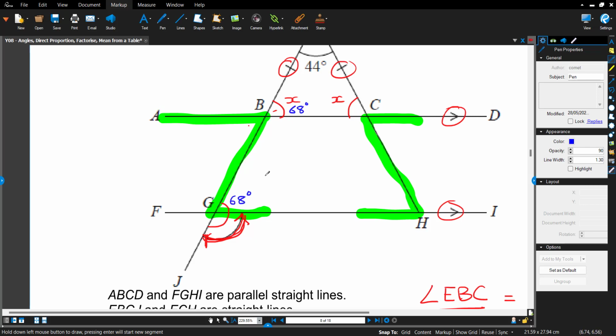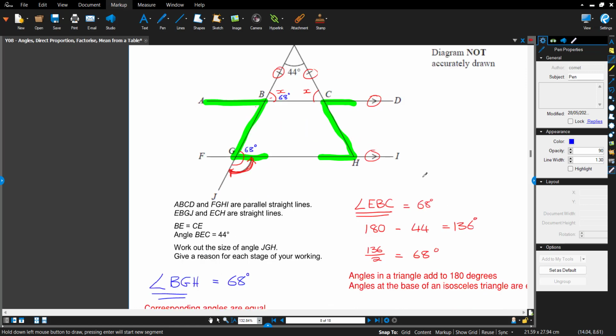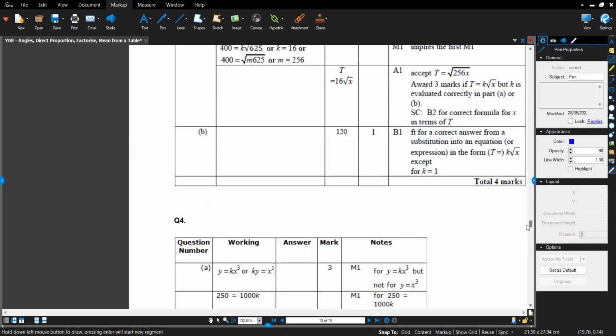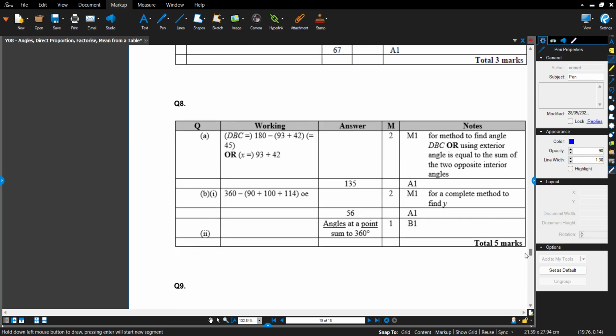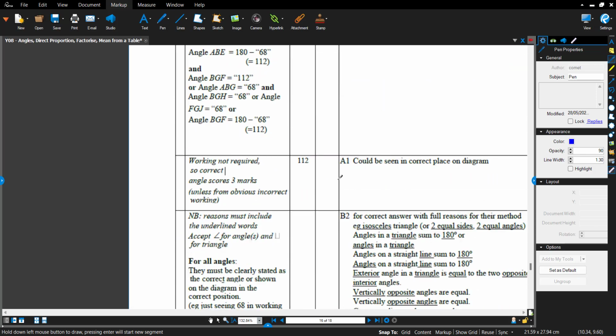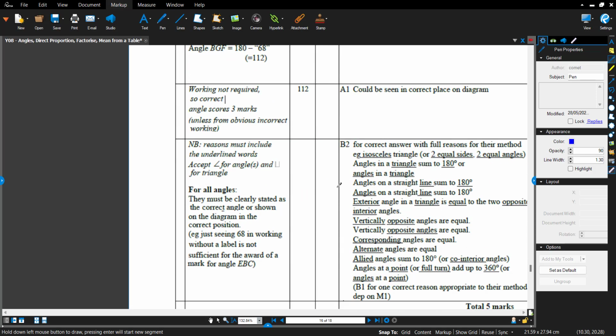All right. Let's just check in the back to make sure that they agree with us. What question is that? Question 8. 56. Really? Sorry, it was question 9. Man, losing my mind.